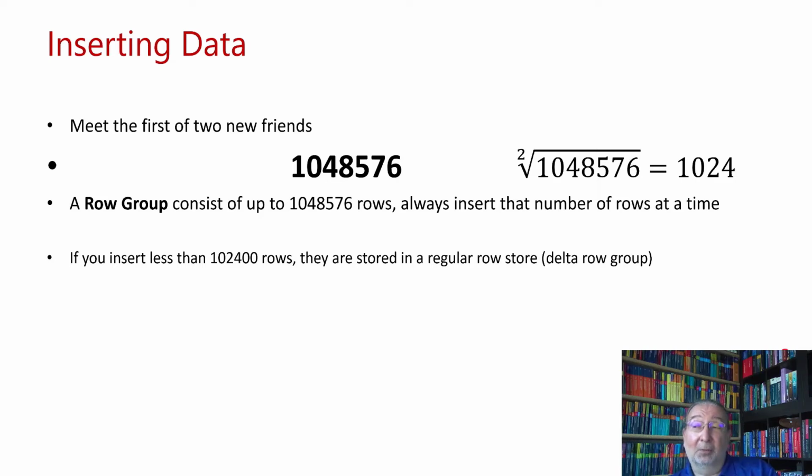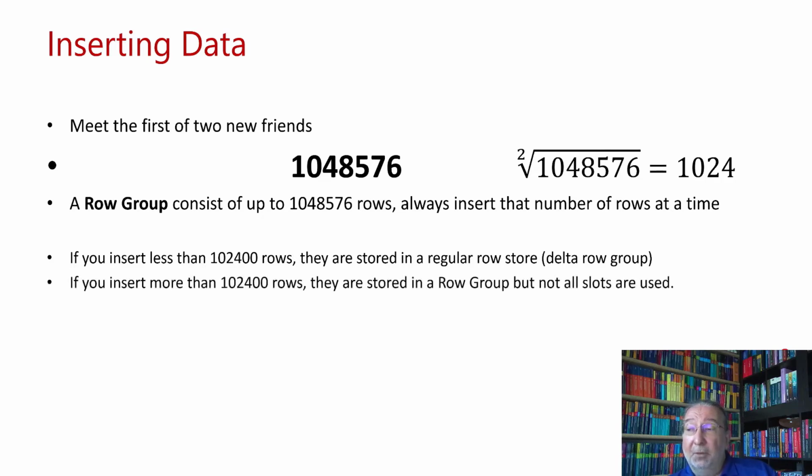So imagine you're inserting one row at a time. Every time you do that, they create another entry in the delta row group. And unless you rebuild the index, this is most likely not ever becoming an actual column store. So you define the column store, but you're not actually ever using one. Yeah? If you insert a couple of 100 or 1,000 rows at a time, you get a little bit.